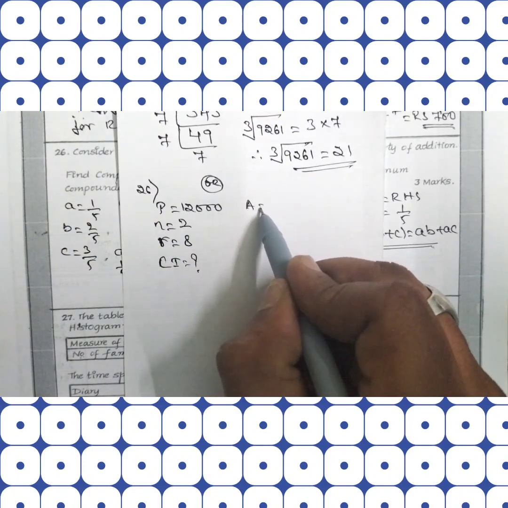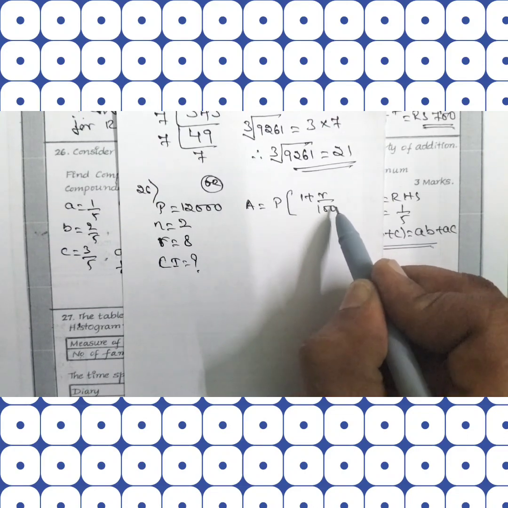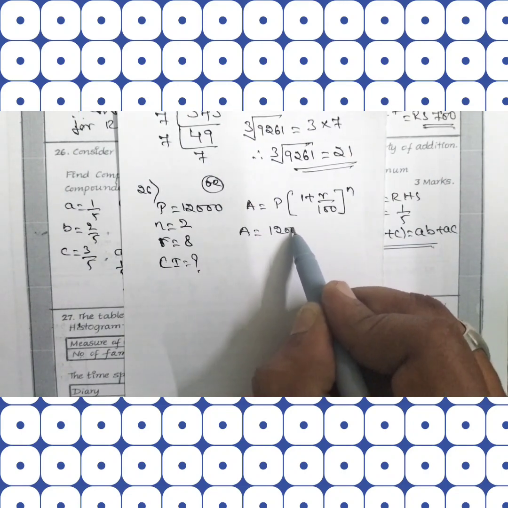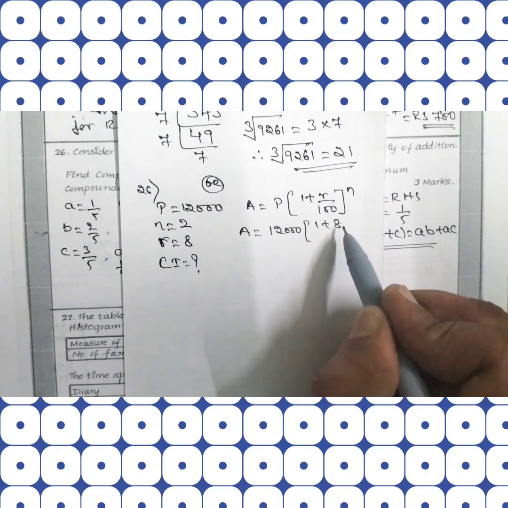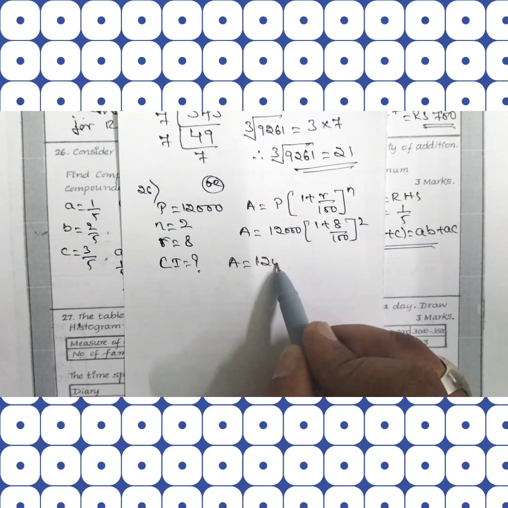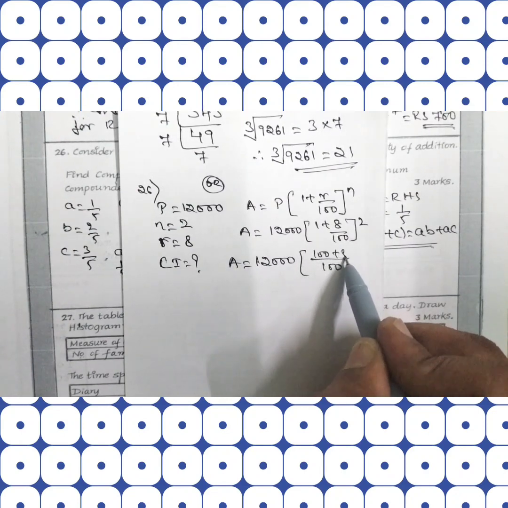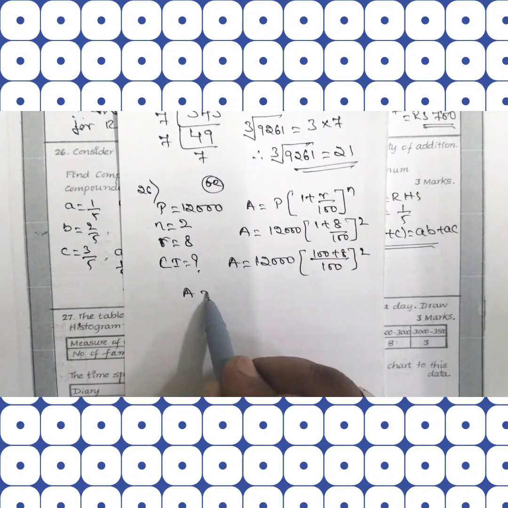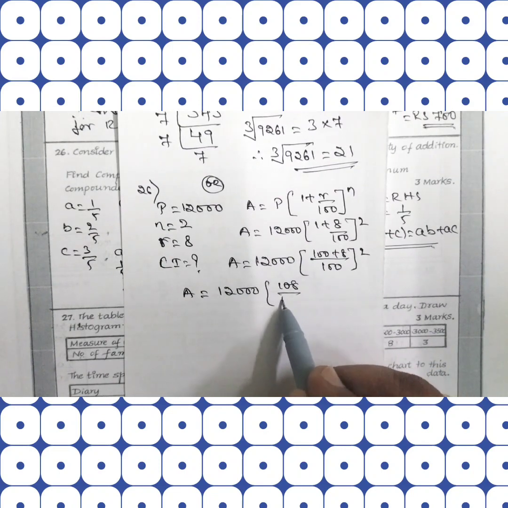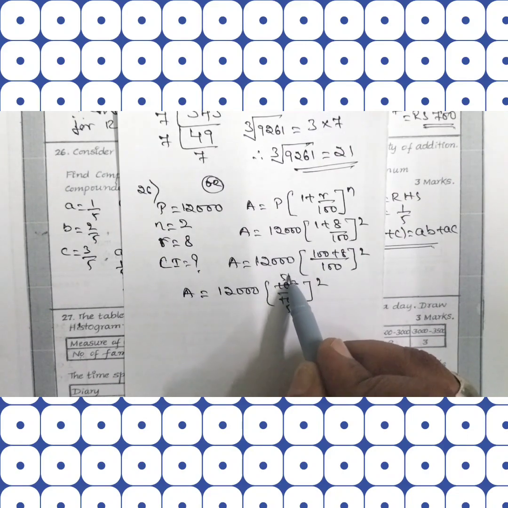Before calculating the compound interest, find the total amount. A is equal to P into (1 plus R by 100) whole to the power of n. Total amount is equal to 12,000 into (1 plus 8 by 100) whole to the power of 2. So total amount is equal to 12,000 into, 100 is the LCM, 100 ones are 100 plus 8, whole to the power of 2. Total amount is equal to 12,000 into (100 plus 8 is 108) divided by 100, whole to the power of 2. 2 5s are 10, 2 5s are 10, 54 by 50 into 54 by 50.